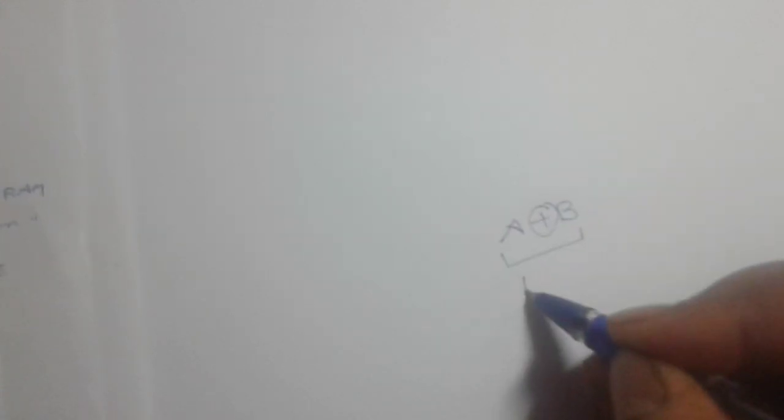Whenever we provide any instruction to a computer, just like A plus B, this instruction is not understood by a computer. Computer understands binary. So basically we give instructions like this: add A comma B.